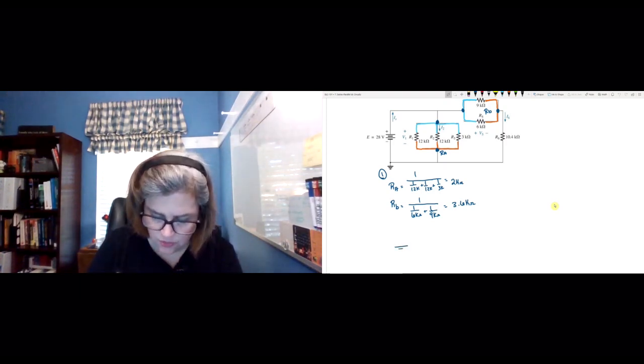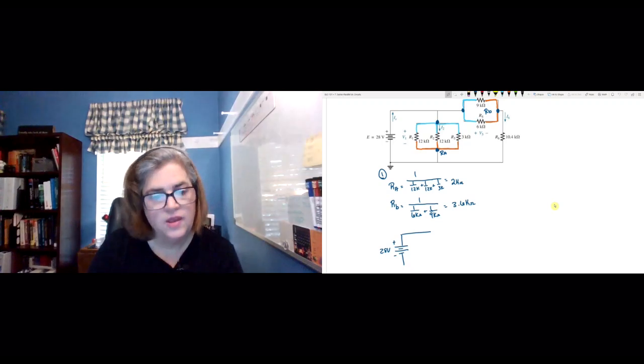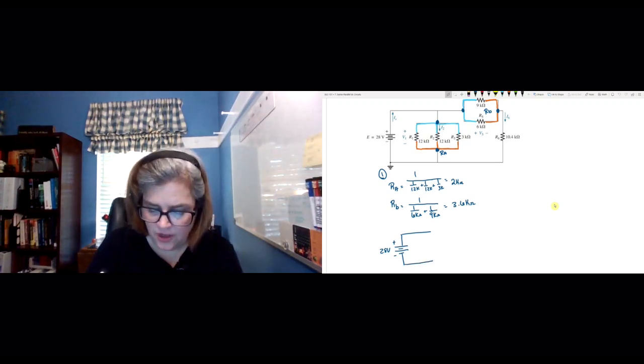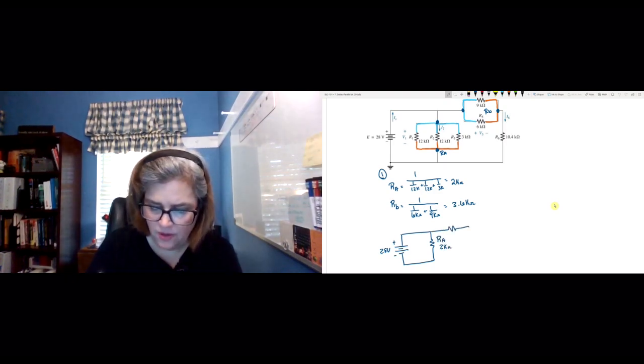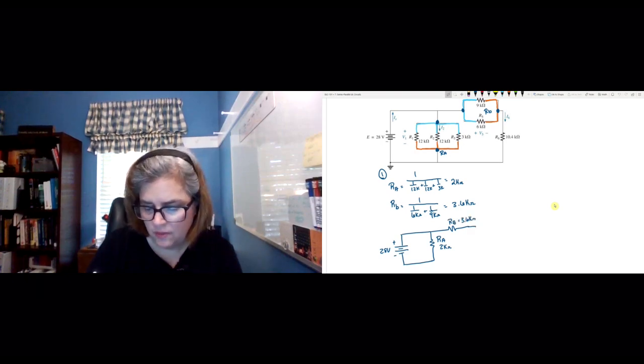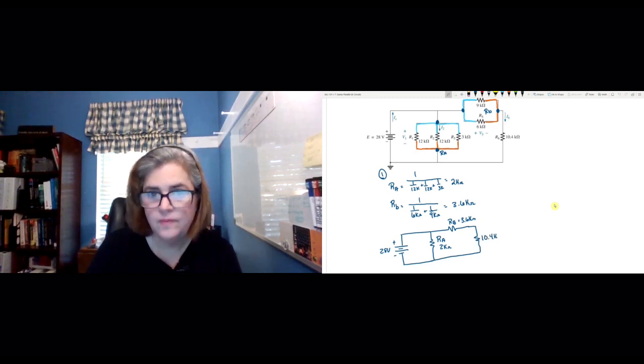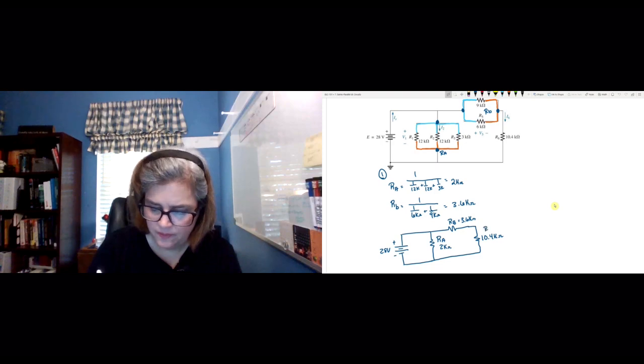I've got my 28 volt source. And RA is right here, which is 2 kilo ohms. I'm going to put RB right here, which is 3.6 kilo ohms. And then I didn't do anything with my 10.4 R6.